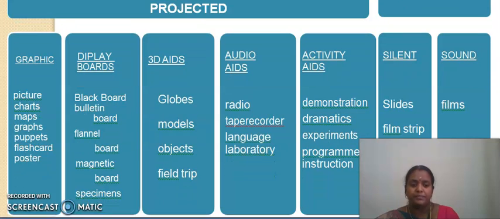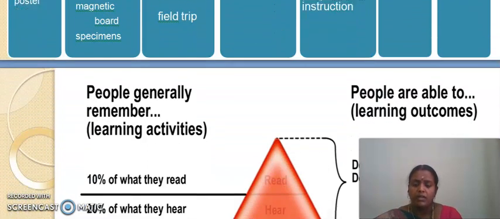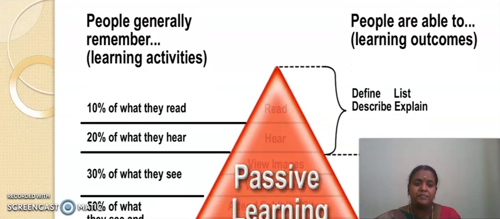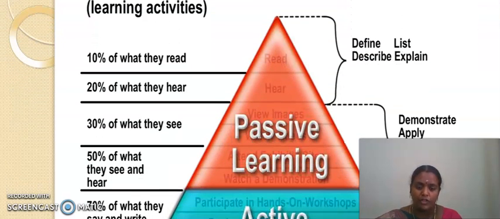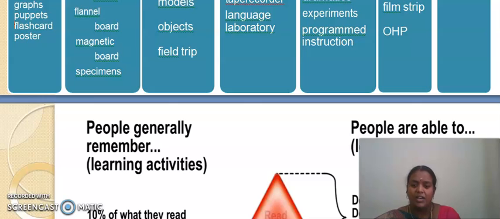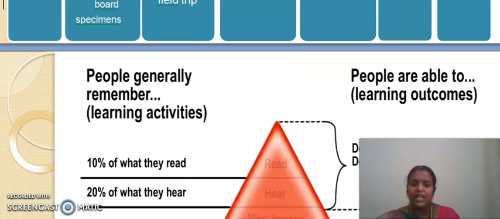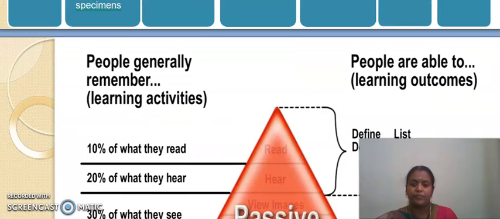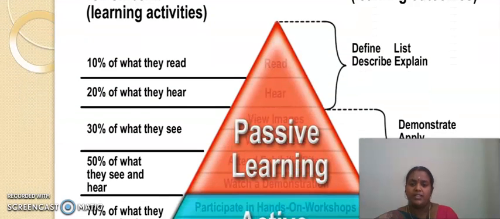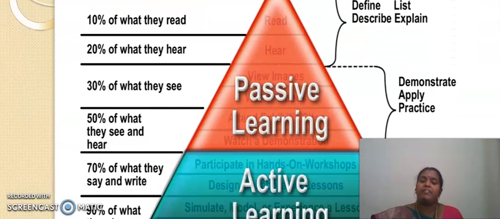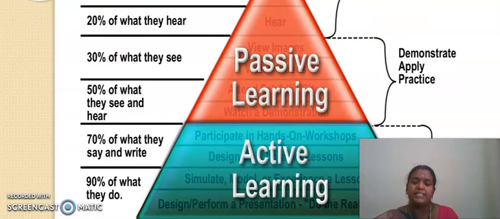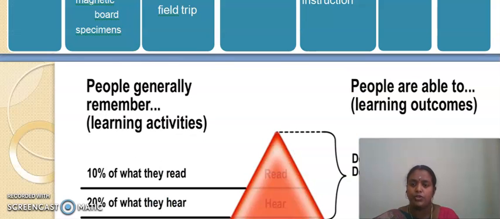And the next thing. This is a good map. Actually, you can easily come to a conclusion with the help of this. So can you see this? I have given a cone here. One is active learning and the other is passive learning. Whatever we have seen in that first slide, you can see here also.